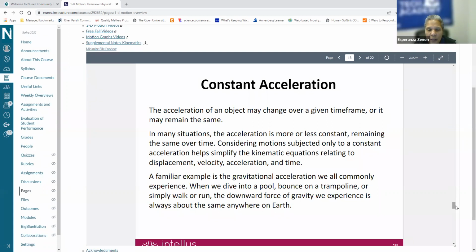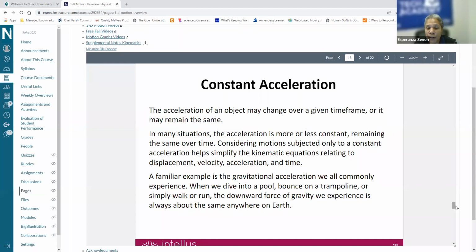And so we'll see an example of motion with this constant acceleration is free fall, the idea of an object moving in one direction under the control of gravity, free fall.